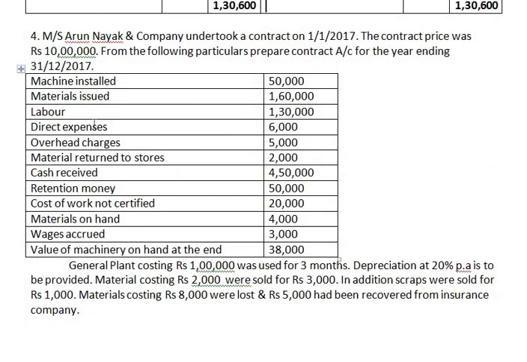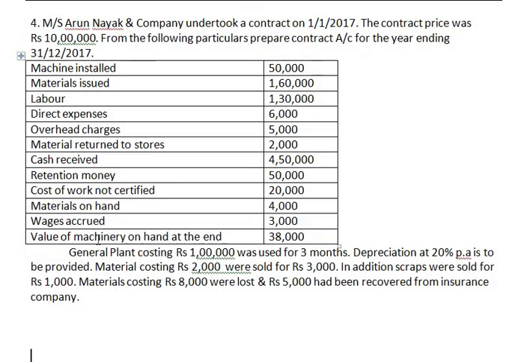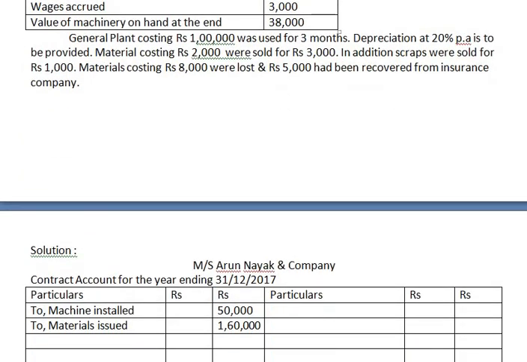Next is labor. It is nothing but wages. Now here they have given wages accrued. So this has to be added, and that also we have to take on the debit side. To labor, and the amount is 1,30,000. Take it in the inner column.